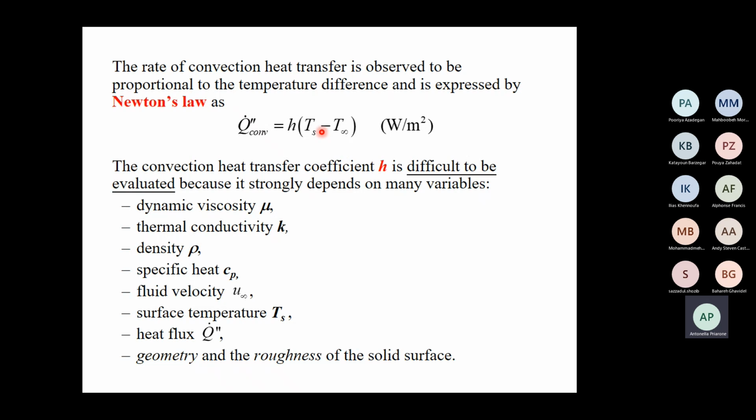And the coefficient h is very difficult to evaluate because it depends on a lot of parameters, a lot of operative conditions. It depends on the thermophysical properties of a fluid in terms of viscosity, thermal conductivity, density, specific heat capacity. It depends on the type of motion of a fluid, so its velocity, the geometry and the roughness of the surface on which the fluid flows.